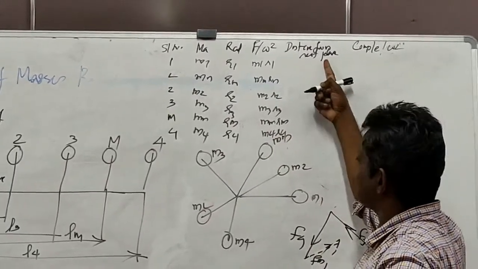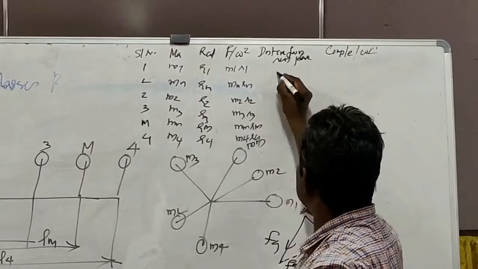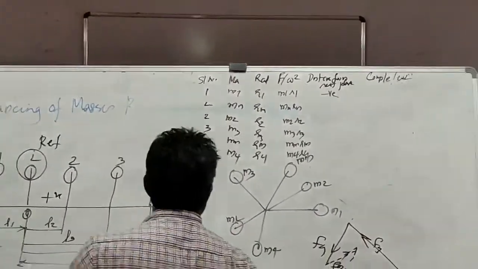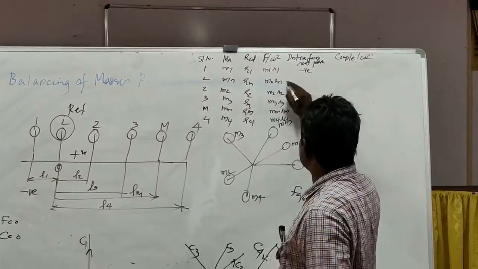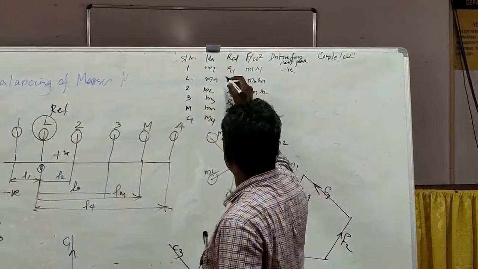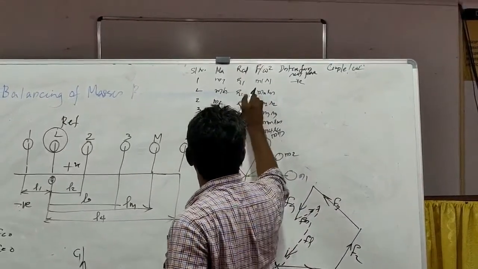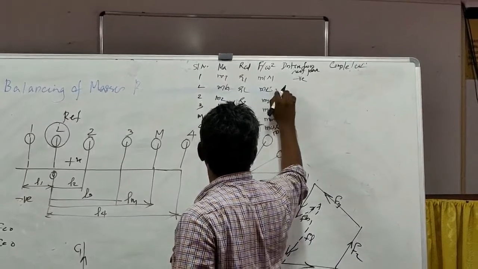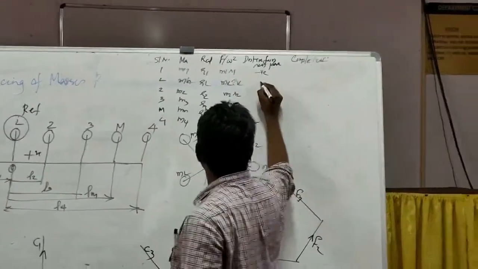Distance from reference plane, say L1, should be negative because it is measured in the left direction. For the other one, since this is the reference plane, this is L, M and R, and the distance is 0.